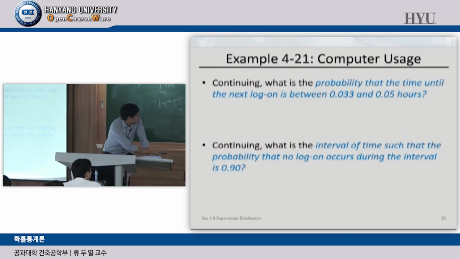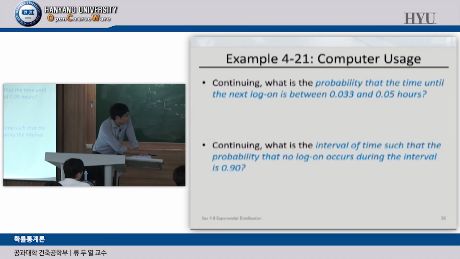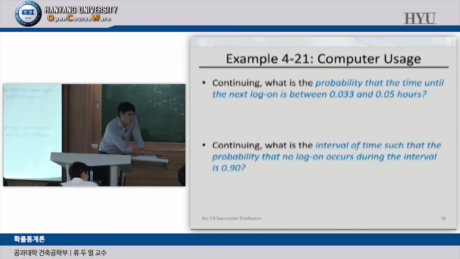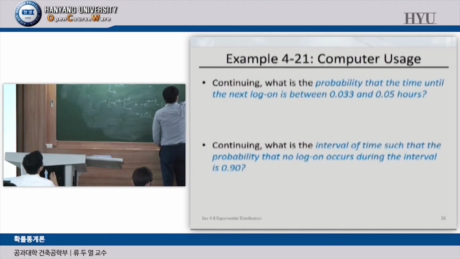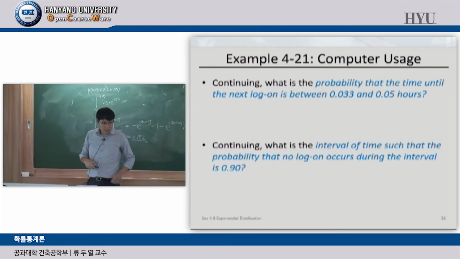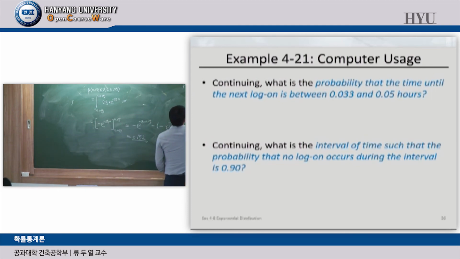And continuing, what is the interval of time such that the probability that the logon occurs during the interval is 0.9? This should be the probability of x when x is larger than small x, so it should be equal to 0.9.